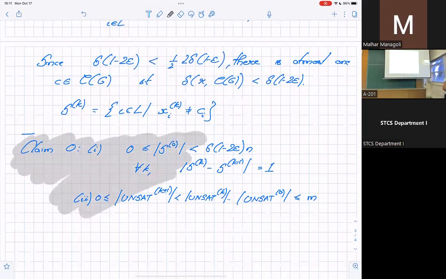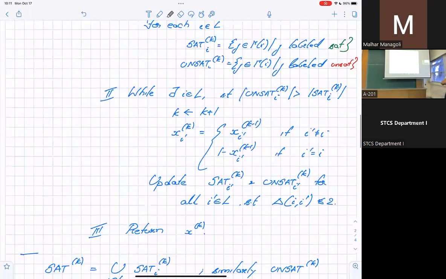But the second item in claim 1 will tell you that the number of iterations the while loop can go through is at most m, because each time unsat is decreasing, and it starts off with a max value of at most m. And c and d are constants for us, therefore the number of iterations of the while loop is linear. m is linearly related to n.